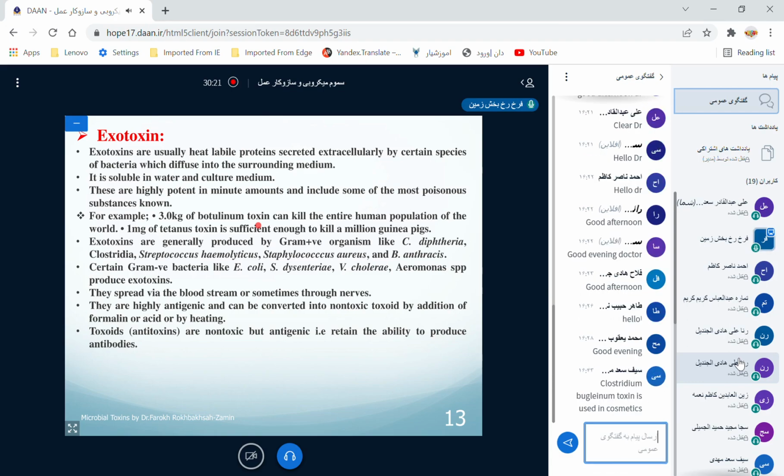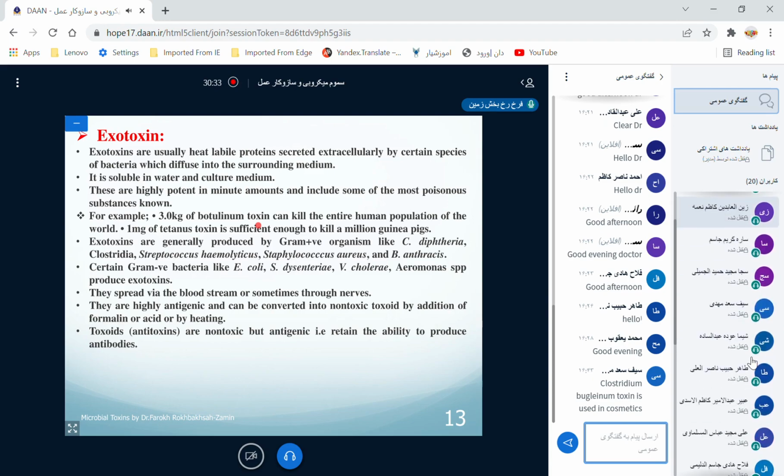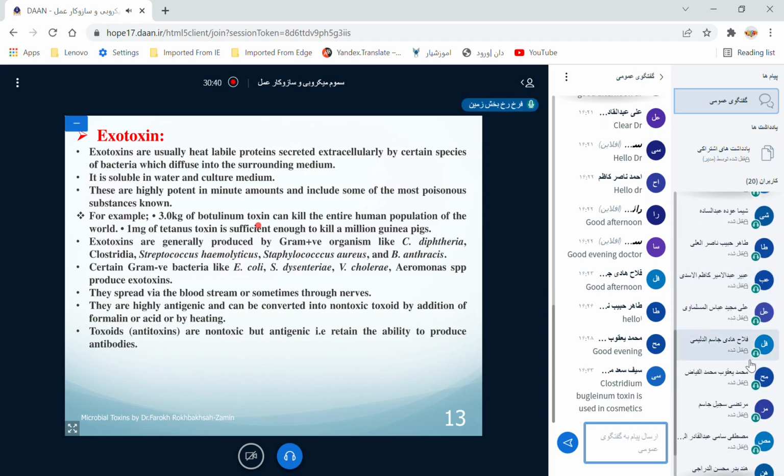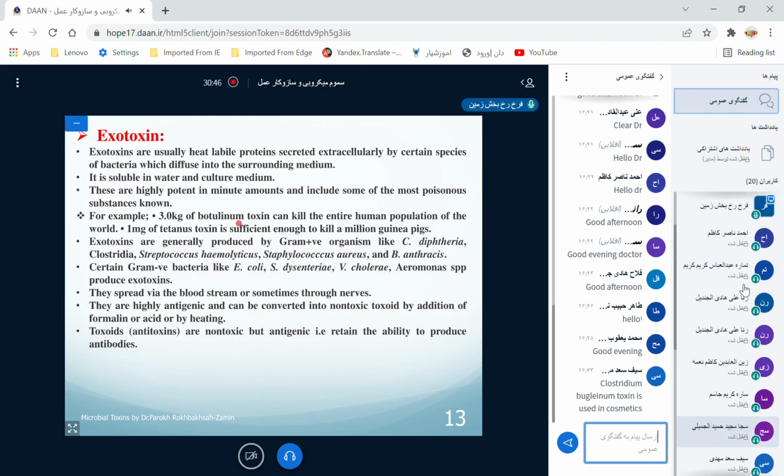And if we eat infected canned food containing the toxin of botulinum, we go through the disease of botulism. If we have 3 kilograms of botulinum toxin, it can kill the entire human population of the world.